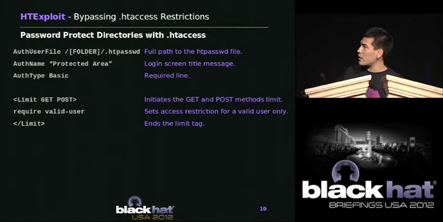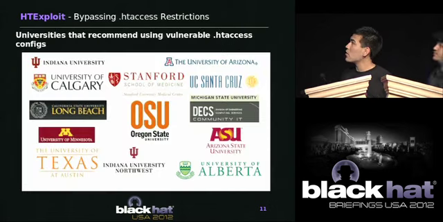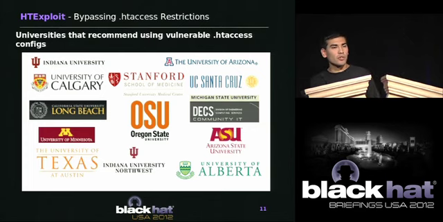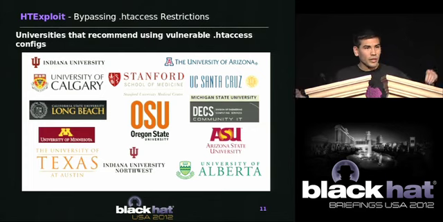This is the Limit directive with GET and POST. We have found a lot of universities recommend this type of configuration, but this type of configuration is vulnerable or has a weakness.